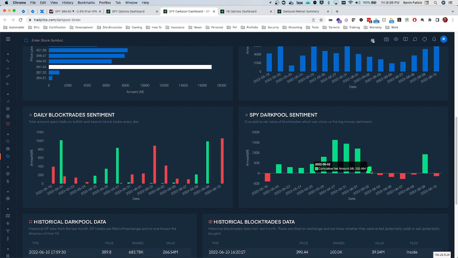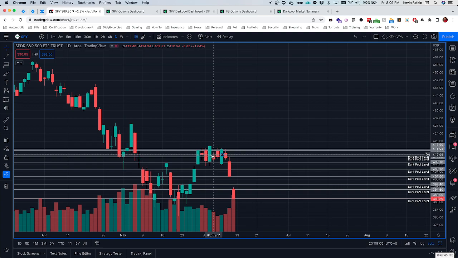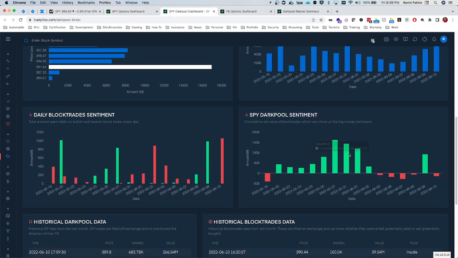And then sure enough, on June 2nd, which if we pull up on the chart here, this is when we were chopping around and going sideways, but we can see that sentiment started to shift. It wasn't as big, but this is a pretty significant drop off when you have this large bullish sentiment and then it goes slightly bearish. And we did have one green day here, which is kind of strange.